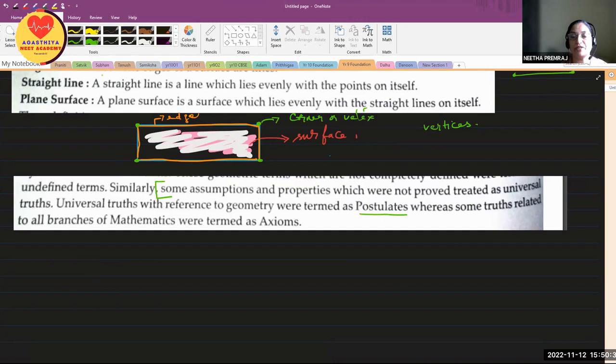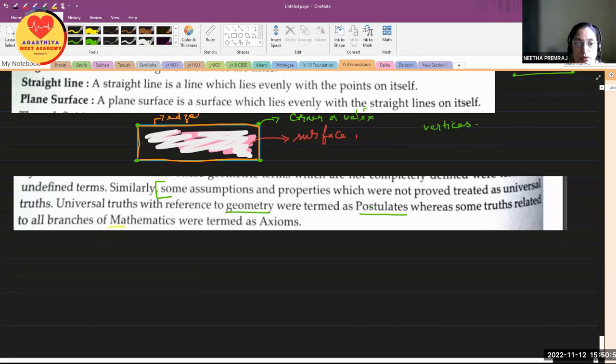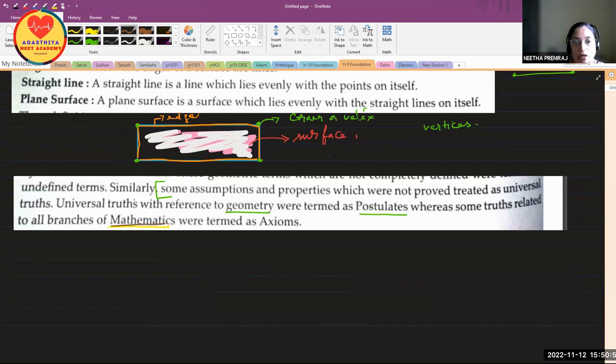Some facts we can't prove, but we trust that they are true. Those related to geometry are called postulates, and those related to mathematics are termed as axioms. What is the meaning of postulates and axioms?